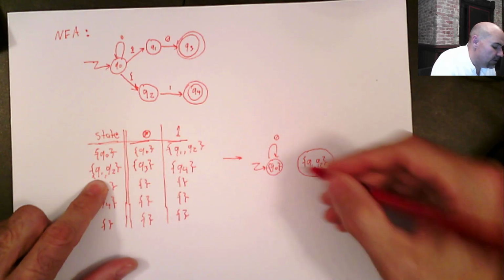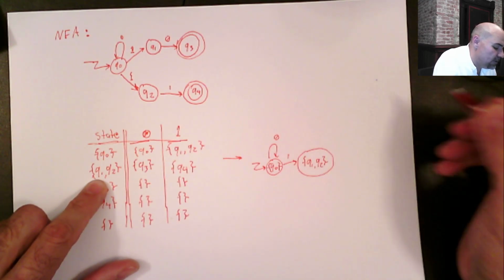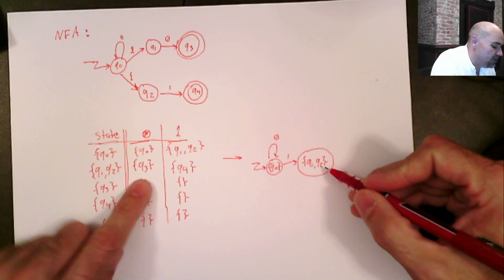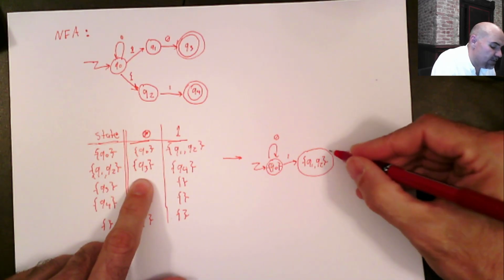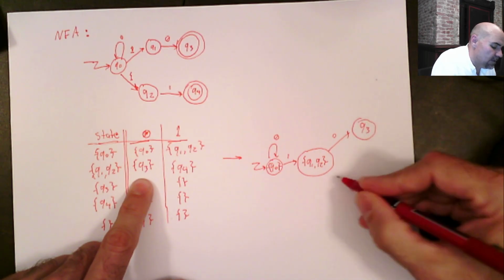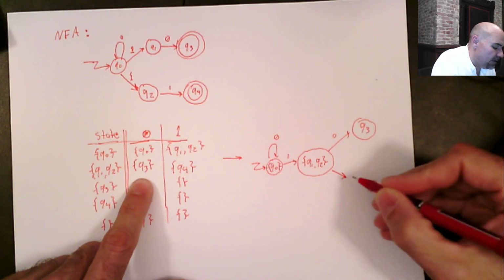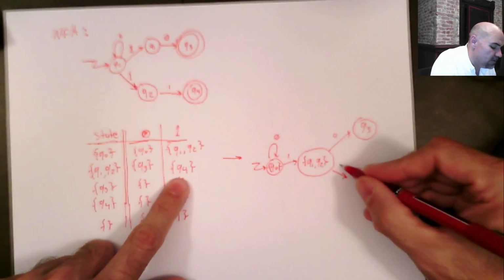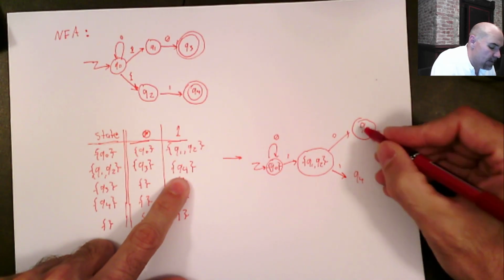And then I need to label that 1. And then Q1, Q2 on a 0 goes to 3. And on a 1 goes to 4. These are sets.